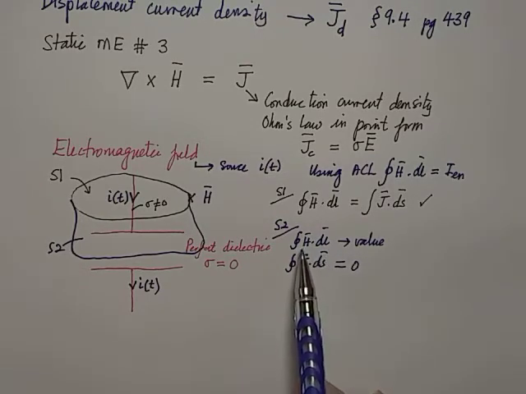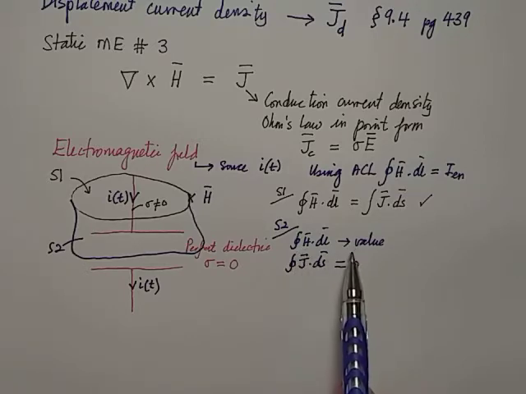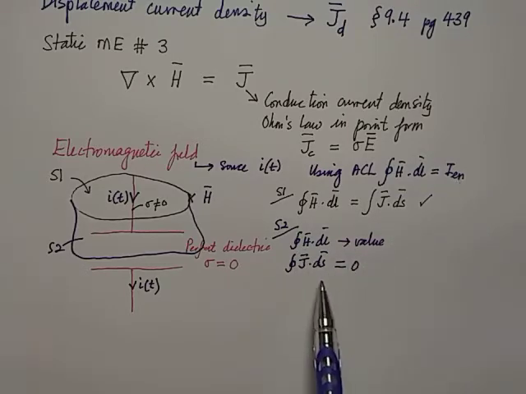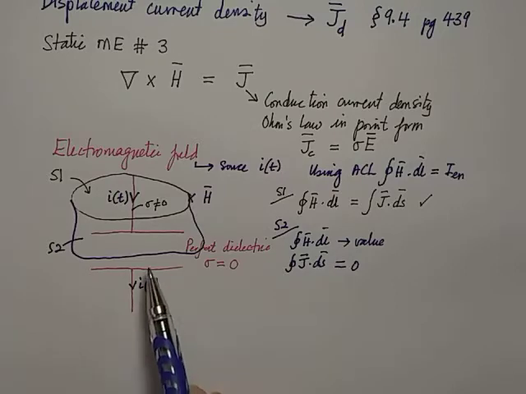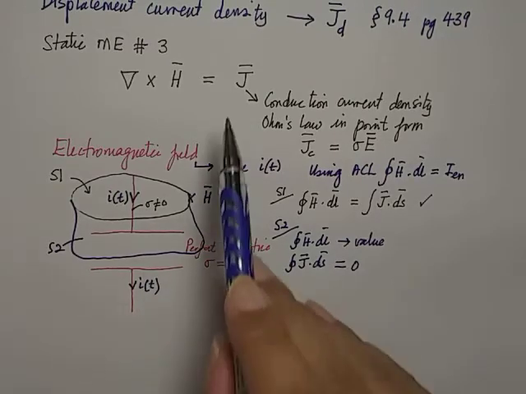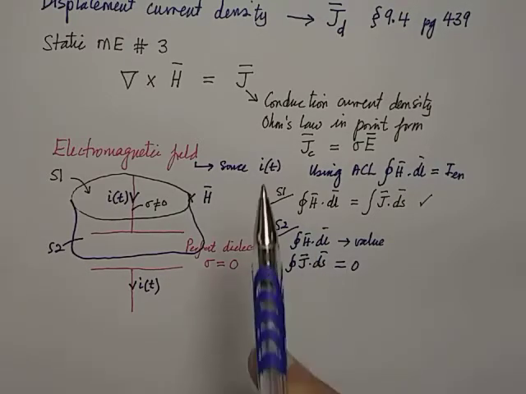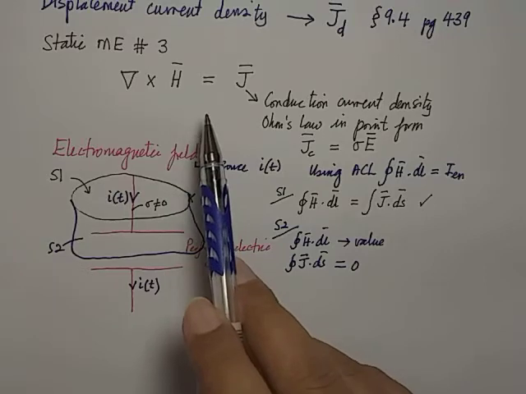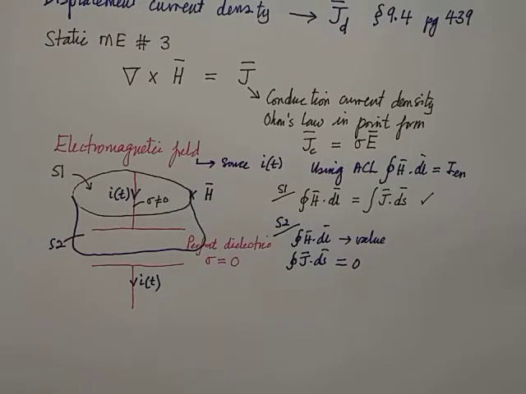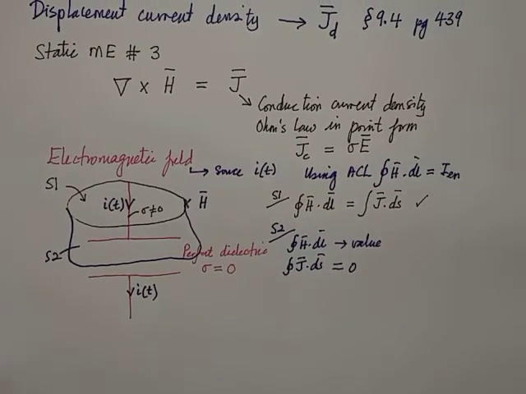On the left-hand side you have values, yet the right-hand side is still equal to 0. Based on this model, when we use this equation, we cannot relate them together. So therefore this equation needs to be modified. Okay, that's what Maxwell found.